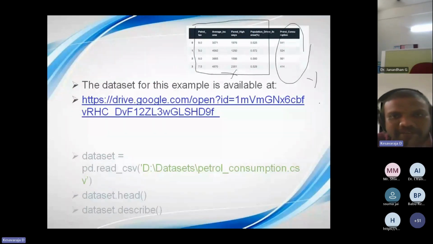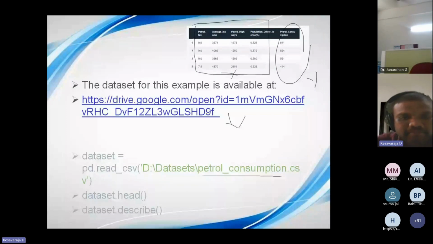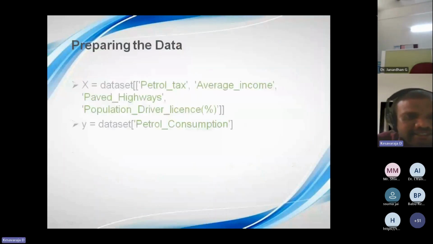Now I will download the CSV file and map it with pd.read_csv. Dataset equal to pd.read_csv petrol consumption.csv, the handler pointing to the petrol consumption.csv file. Then here I am mapping in a different way.